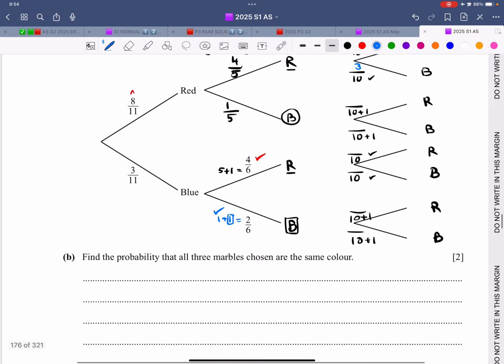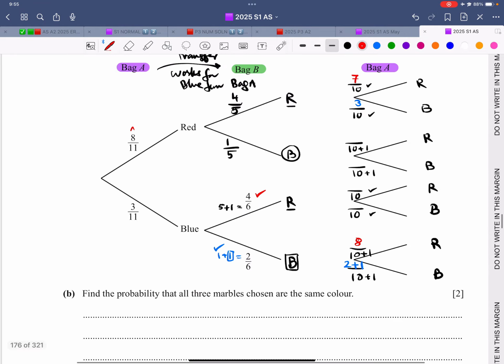Similarly, over here, if blue is taken out, the blue of 3 became a 2, and 1 was added because of the transfer. So that becomes 3. Now over here, 3 over 11, and this becomes 8 over 11. That is all good.